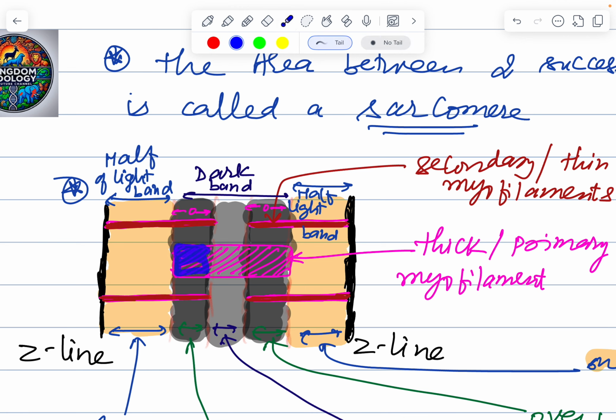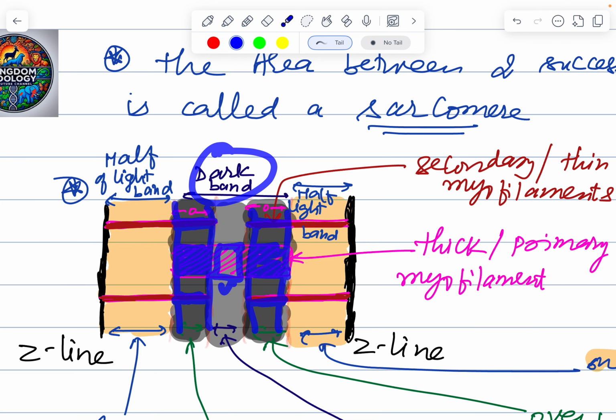The primary myofilament is overlapped by secondary myofilaments. So these are the two extra dark areas of the dark band, but in the center a bit lighter. Why? Because there is only one type of protein here. Which one? Thick or primary myofilament.